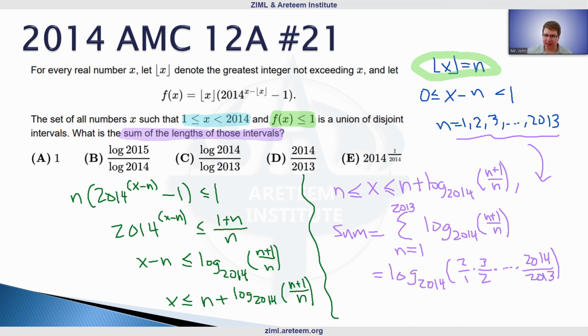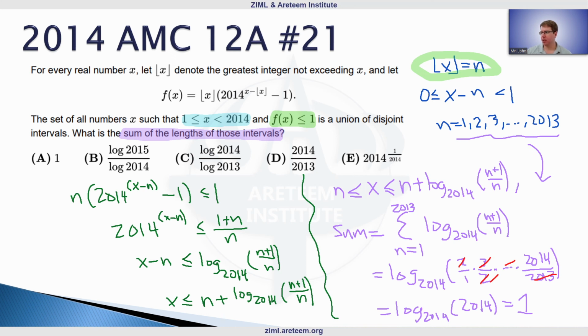But wait a second. The 2's will cancel. The next term, 4 over 3, the 3's cancel, all the way up to the 2013 cancelling there. So what we have in this scenario is just log base 2014 of 2014, which is equal to 1.